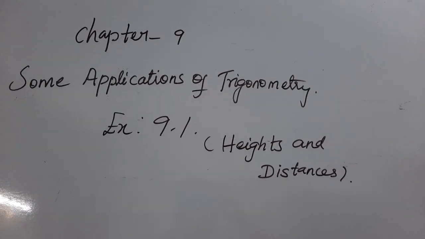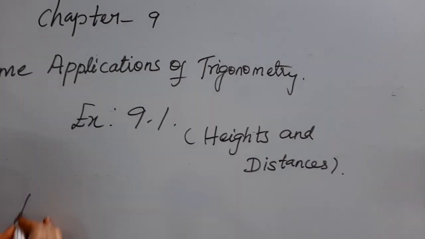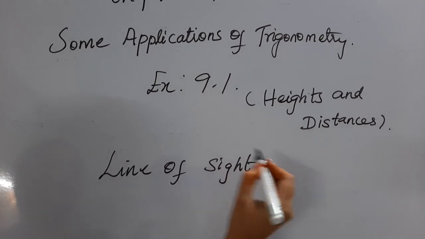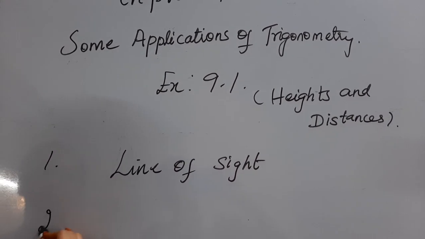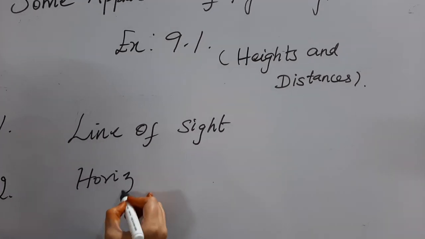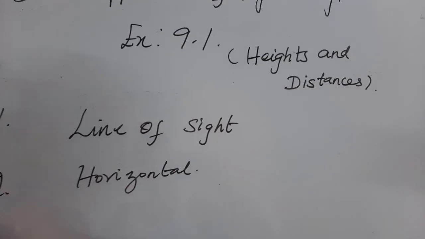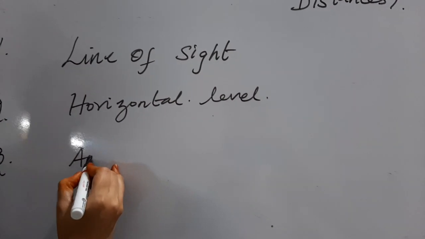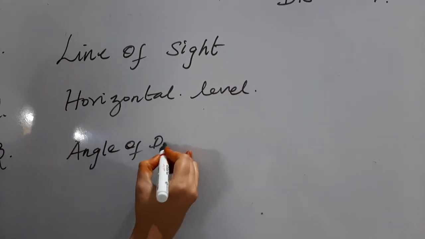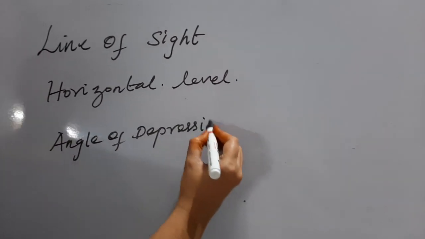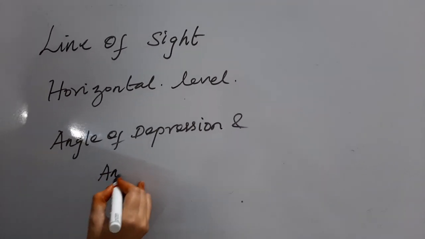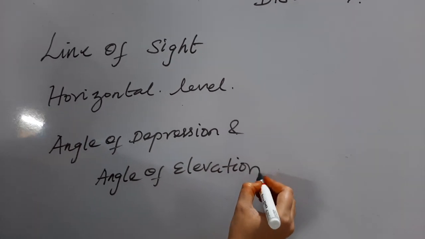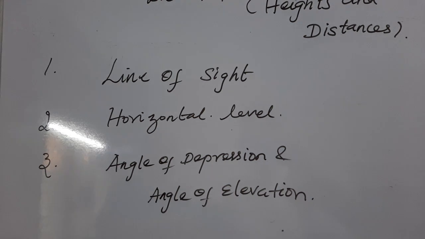The terms involved in this chapter are: first, line of sight; second, the horizontal level; and then angle of depression and angle of elevation. First, line of sight.